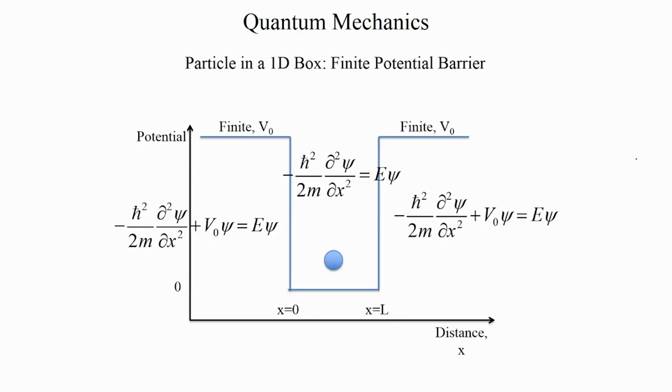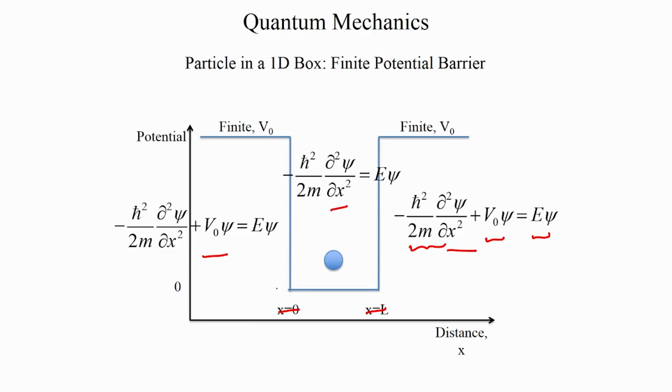So, outside the box Schrodinger's equation takes this form: you have your kinetic energy, you have your potential energy, and that is equal to the total energy. Inside the box we have Schrodinger's equation taking a form like this.